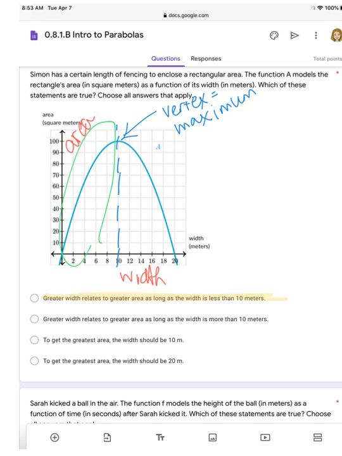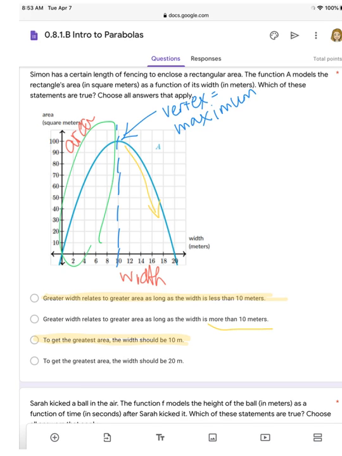If we look at the other choices, when the width is more than 10 meters in the second one, that doesn't make sense, because when we look at the other side of the graph, the area is decreasing. To get the greatest area, the width should be 10 meters. That one's also true. The greatest area does happen at 10.